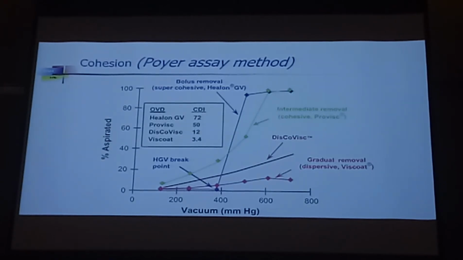Remember, you want to create a lot of stress on the OVD so that it behaves like fluid and you can aspirate it better, because as a solid, you cannot remove it. So by using a higher setting, you can remove it faster, but it does not mean you have to go through the roof. Because here you can see 450 is more than enough.